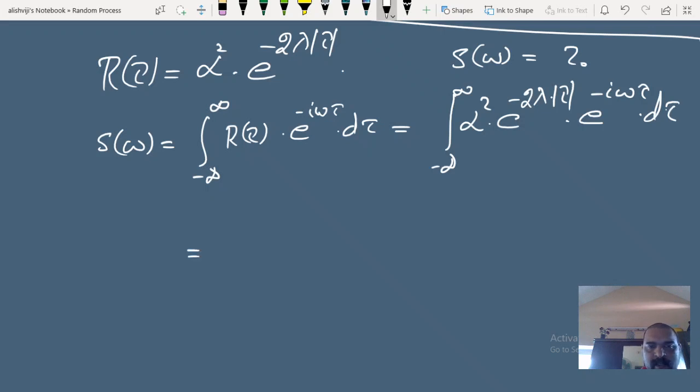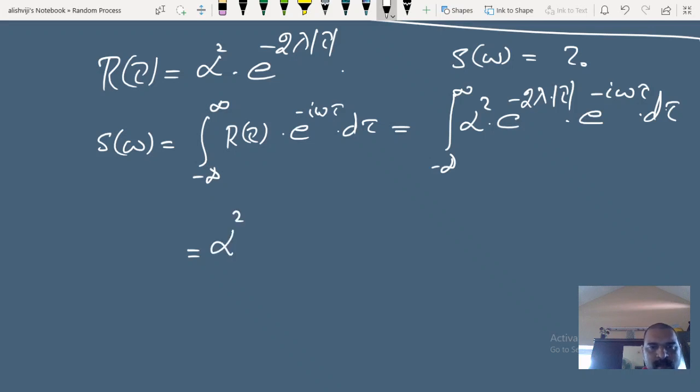Since the autocorrelation function contains modulus of tau, and we are integrating from minus infinity to plus infinity, we split it into two integrals.